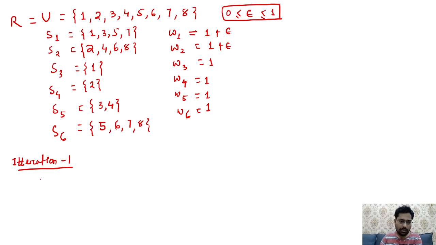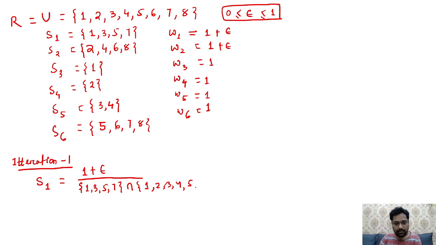For iteration 1 and for S1, the weight is 1 plus epsilon divided by the elements present, 1, 3, 5, 7 intersection with 1, 2, 3, 4, 5, 6, 7 and 8.